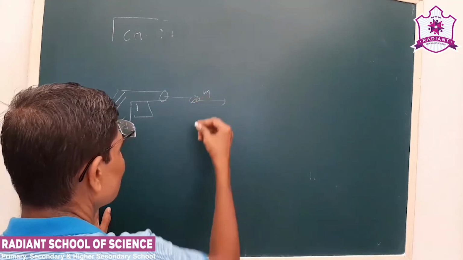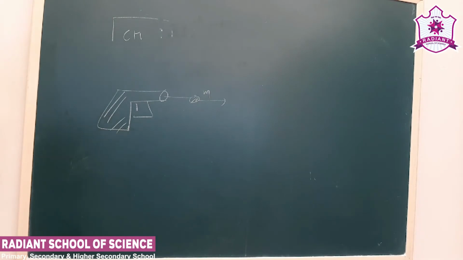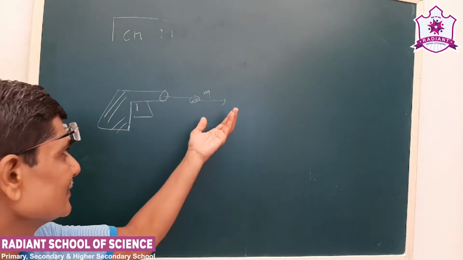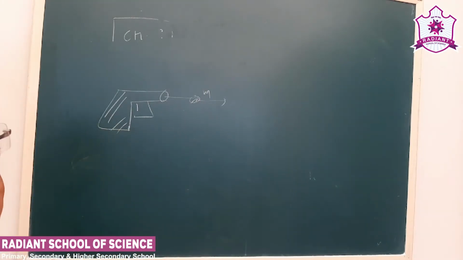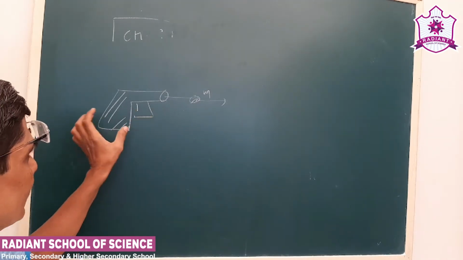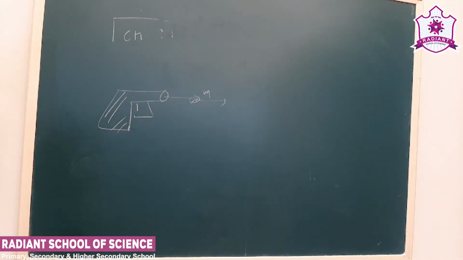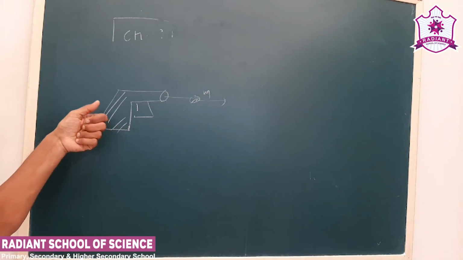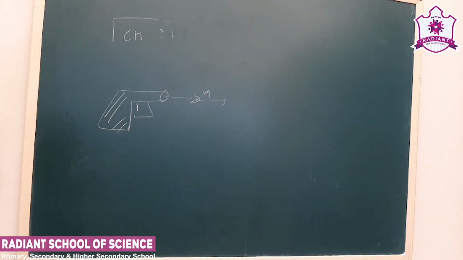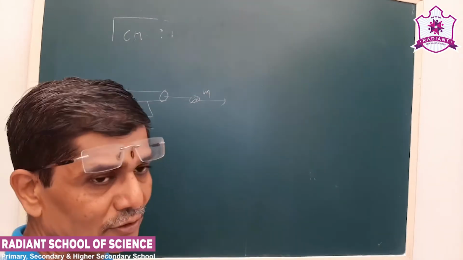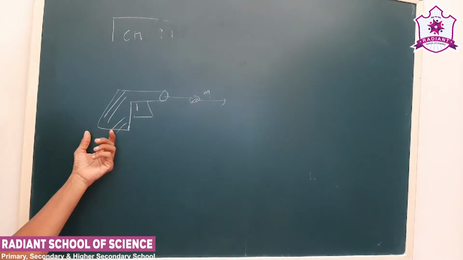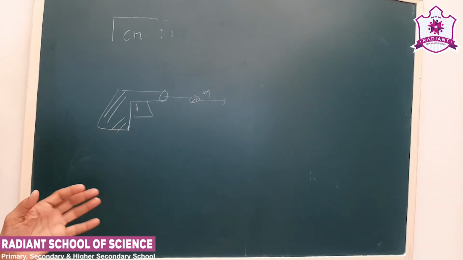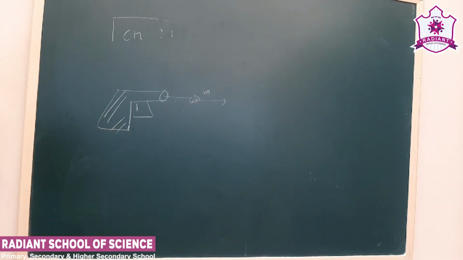Now, see, by the third law, the same force acts in the opposite direction, and if the rear part also had the same small mass, it would have a larger velocity, and the person handling it could get injured. So, to make the velocity smaller, the rear part is kept heavier in mass, so the velocity will be less and he can handle it.